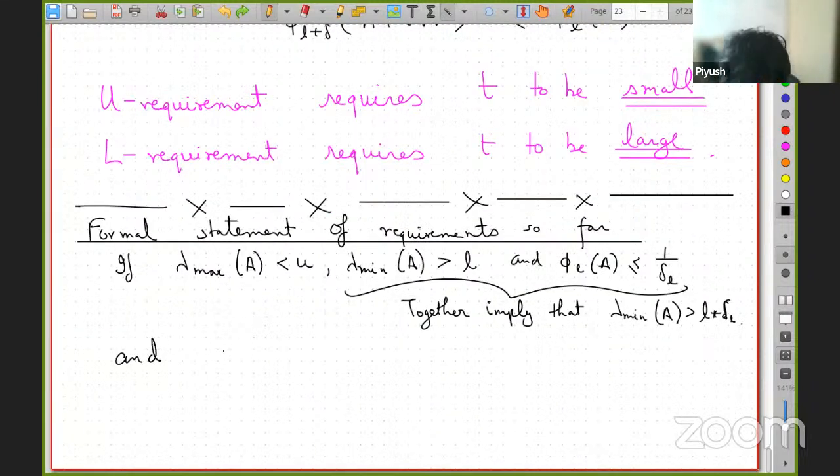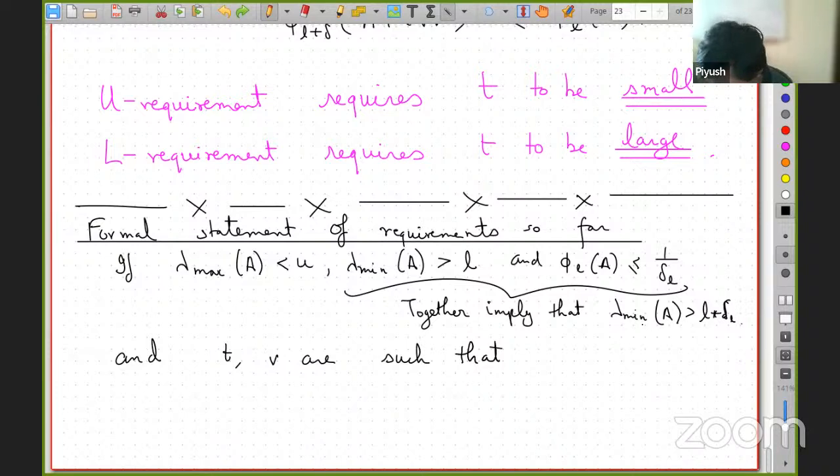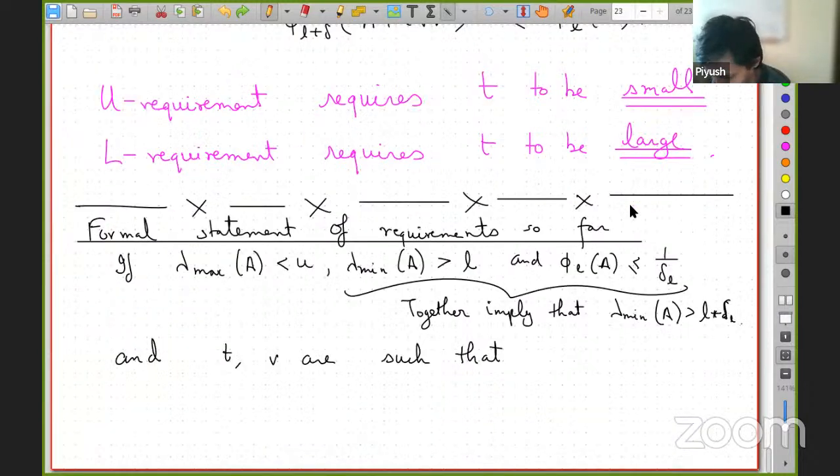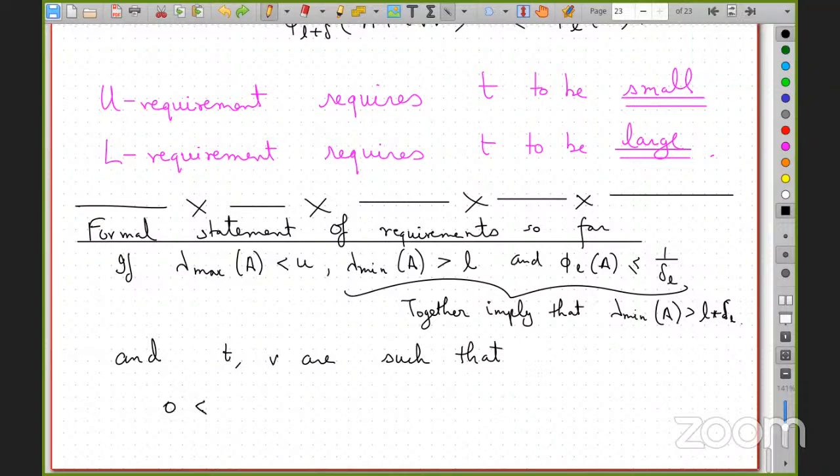And T and V are such that, and by the way, when you have lambda min of A bigger than L plus delta L, then this condition that A is bigger than L plus delta L is already satisfied. So T and V are such that 0 is less than U_A, U plus delta.